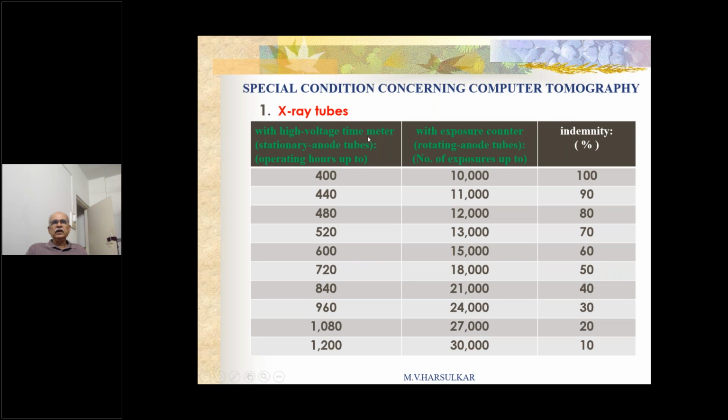X-ray tubes with high voltage time meter, stationary anode type tubes, operating hours up to. This is the operating hour. And if there is an exposure counter, exposure counter. If there is no exposure counter, then this is the number of hours working. Then indemnity again of 1200 hours and 30,000 exposures is 10%. So 90% depreciation.